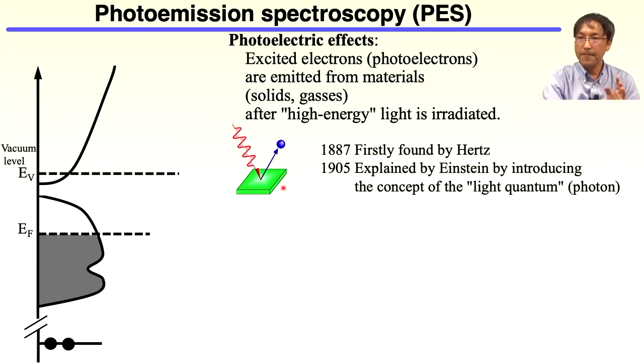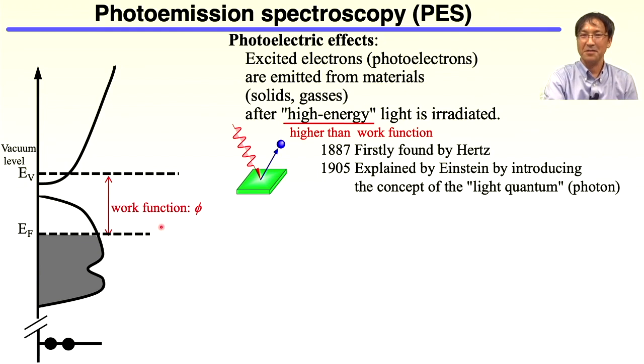Based on this phenomenon, the concept of the light quantum was introduced by Einstein. High-energy light means that the photon energy must be higher than the work function of the material.